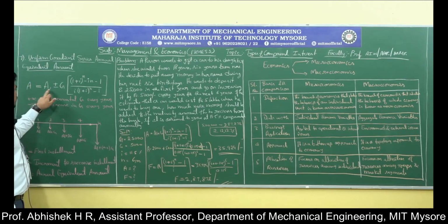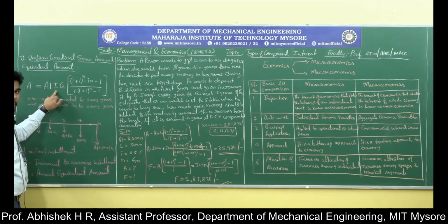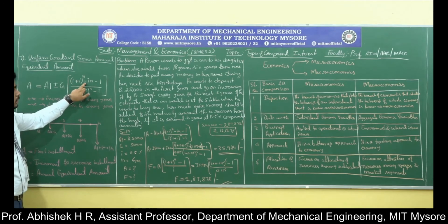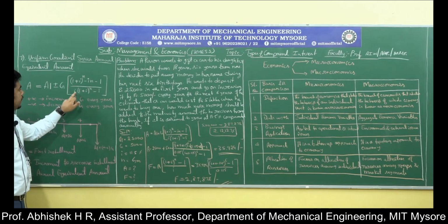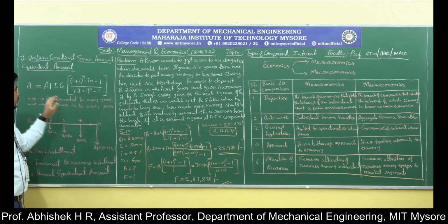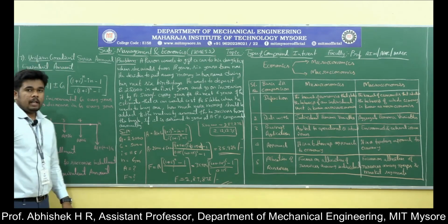So A is equal to A1 plus or minus G, capital G, into 1 plus I whole to the power n minus I into n, where small I is the rate of interest and n is the number of interest periods, minus 1, whole thing divided by I into 1 plus I whole to the power n minus I. So this is the formula to calculate the annual equivalent amount in a uniform gradient series.